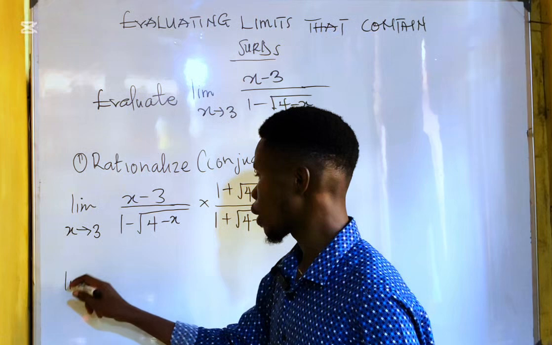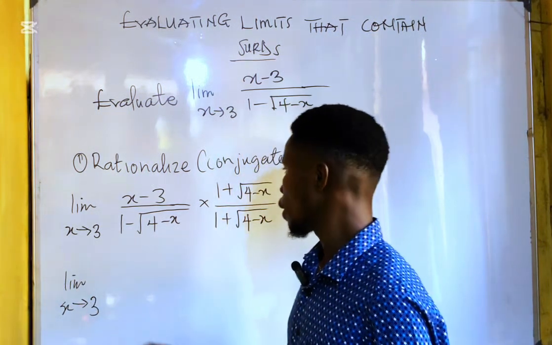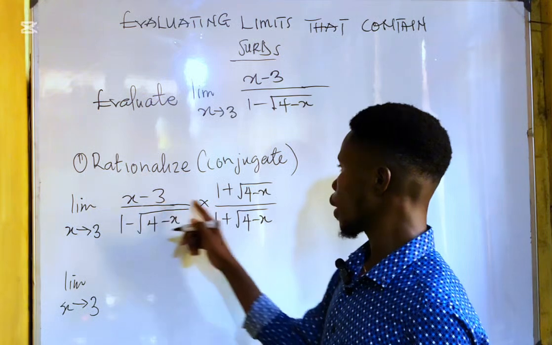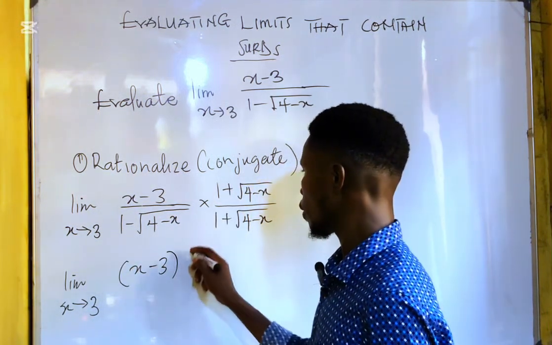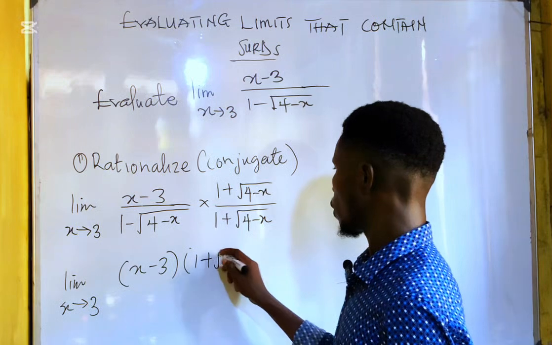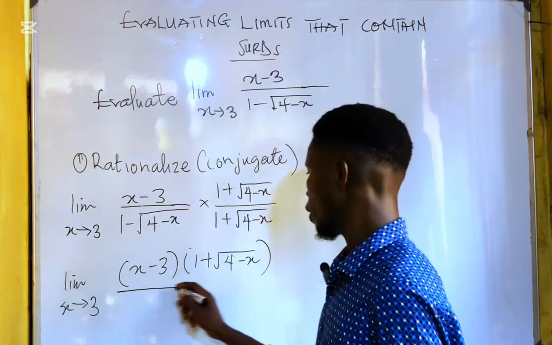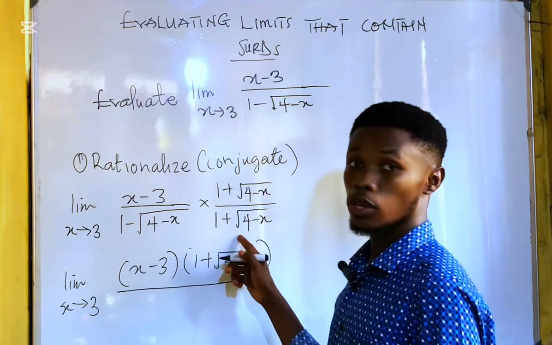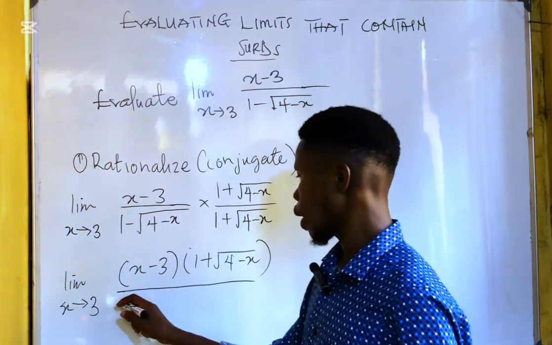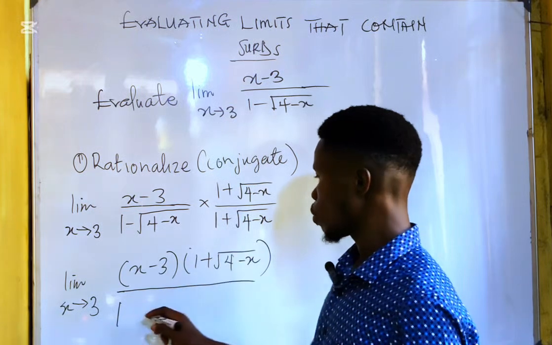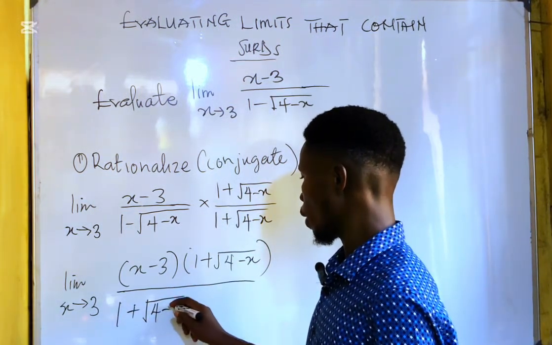So here you are going to have the limit as x approaches 3. Now, if I multiply this one by this, I'm going to have x minus 3 times 1 plus the square root of 4 minus x. The bottom one is a difference of two squares, okay? So let's open it. 1 times 1 will be 1. 1 times this will be plus the square root of 4 minus x.